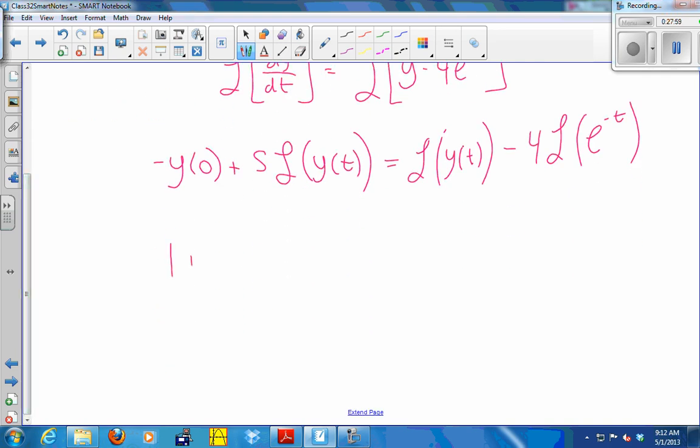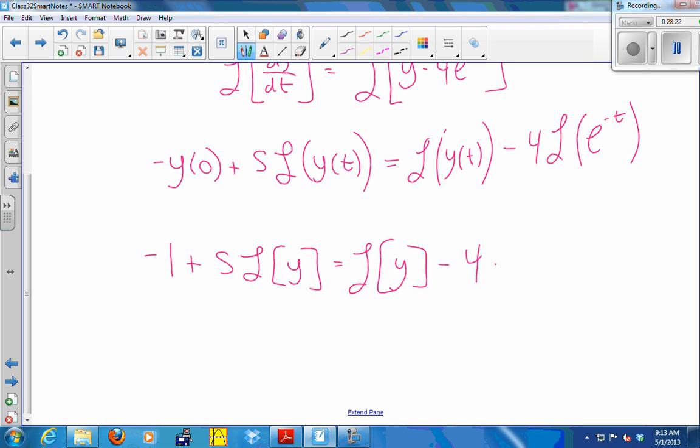So I've got a 1, negative 1, plus s times the Laplace transform, I should use the square brackets like the book, of y equals the Laplace transform of y minus 4 times the Laplace transform of e to the negative t.